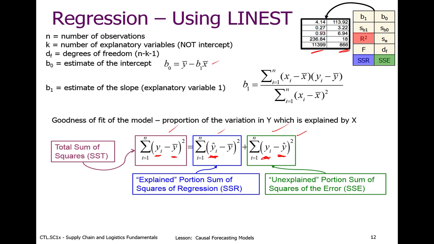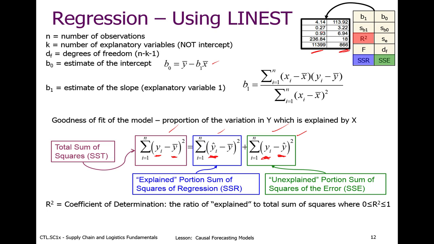Now, why do we do all that? Well, we want to come up with this thing called R squared, which is the coefficient of determination. This is essentially the ratio of what I'm explaining versus the total sum of squares. This value, R squared, ranges between 0 and 1. As I said, it's simply the sum of squares of the regression divided by the total sum of squares.